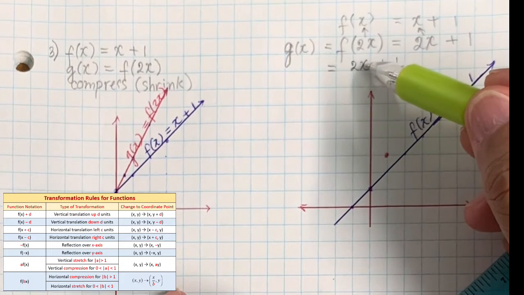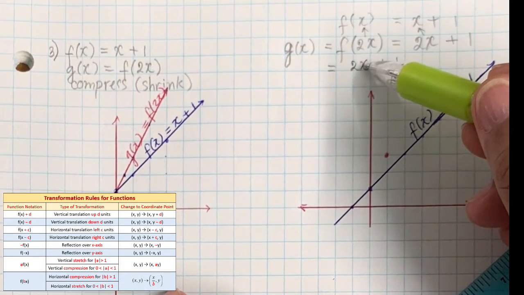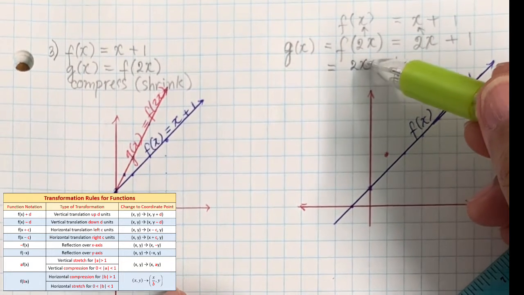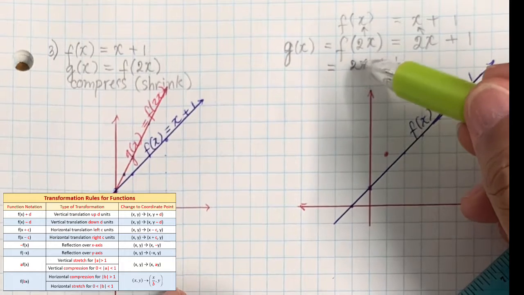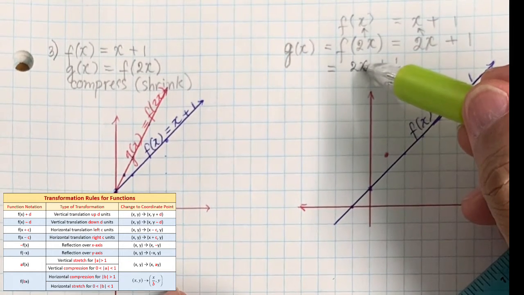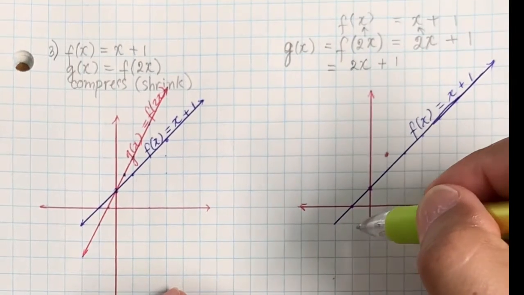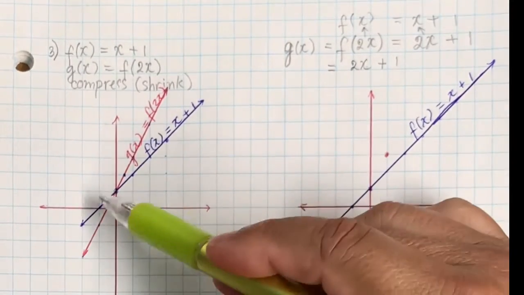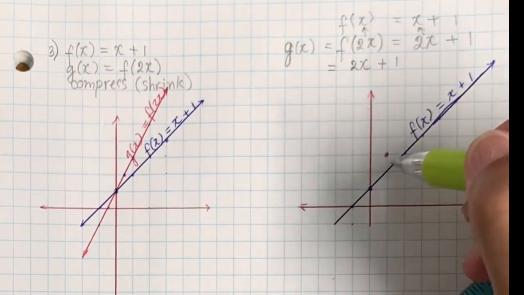And when x is negative 1 right here, then that's going to be negative 2. Negative 2 plus 1 is negative 1, so it's down here. You see, there we go. The same, right? Here and here, yeah?